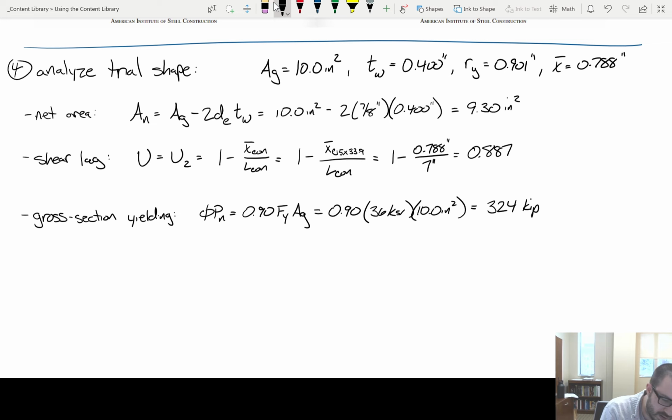And then for net section fracture, same as before with analysis.